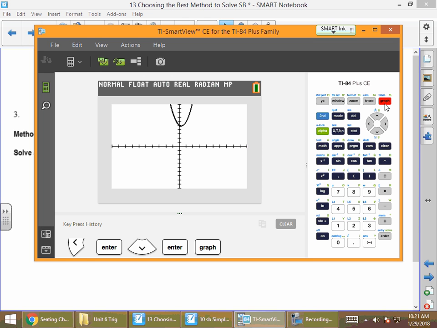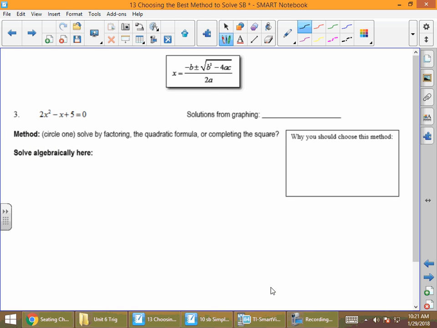And what happens in this particular case is that our graph does not cross the x-axis. And because it does not cross the x-axis, we're going to get no solution.